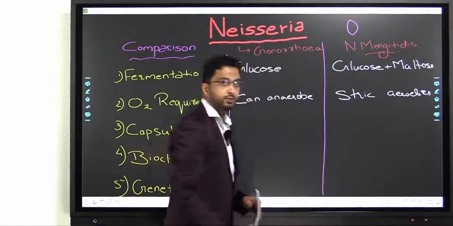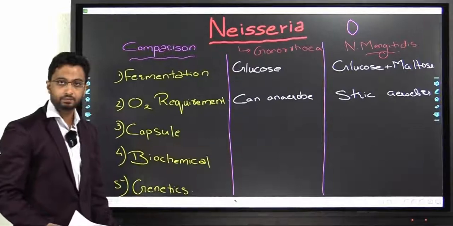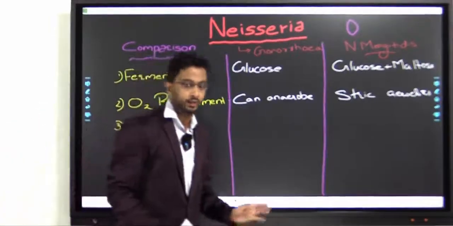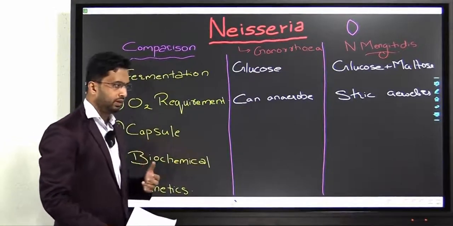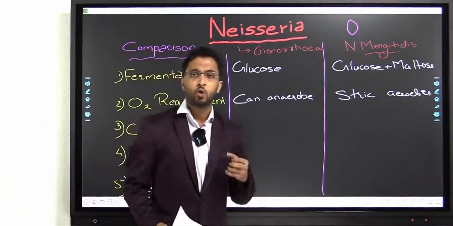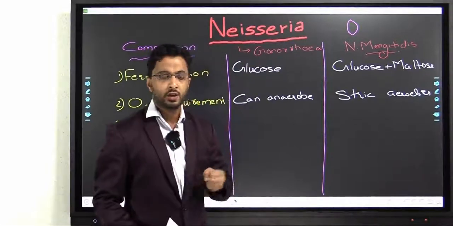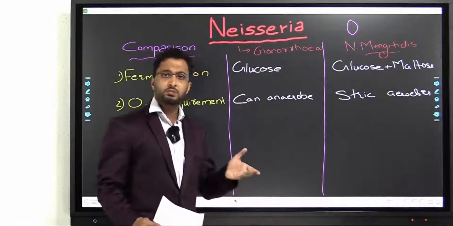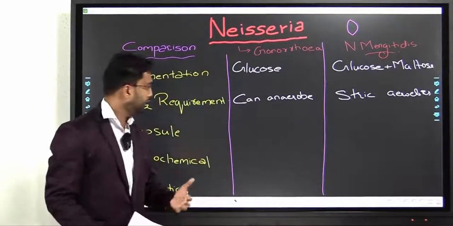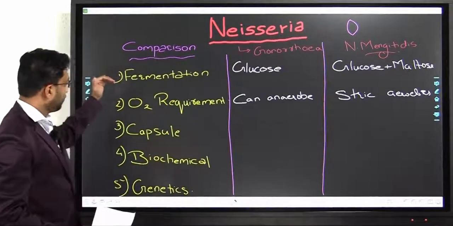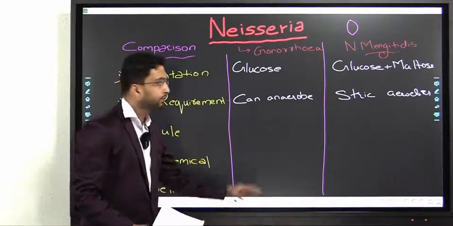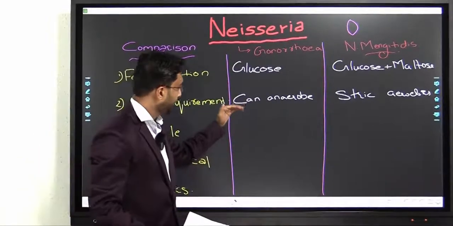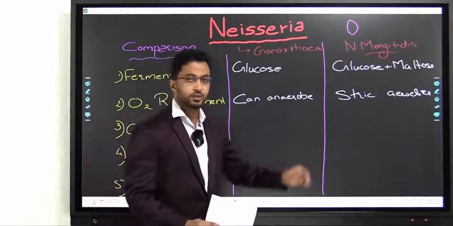Now there is something known as vertical learning, rather than horizontal learning. Some people like horizontal learning, some like vertical learning, but overall what I have seen is that if you go for vertical learning, it becomes much easier to remember things, like this way: fermentation, oxygen requirement, capsule, biochemical, genetics. Just try it.